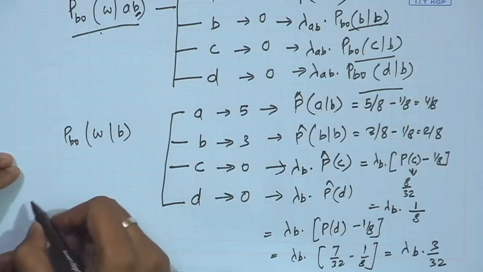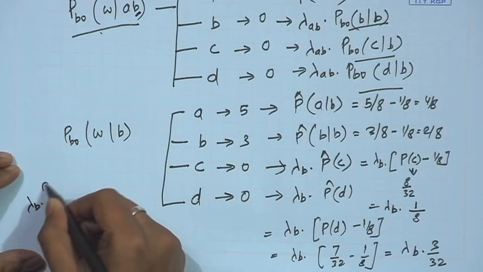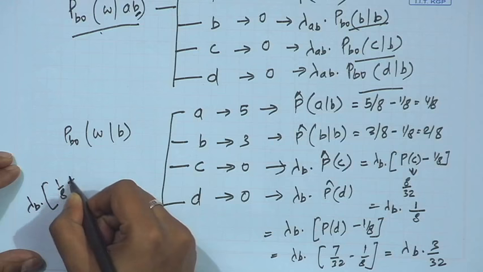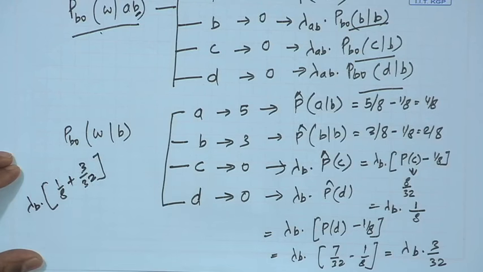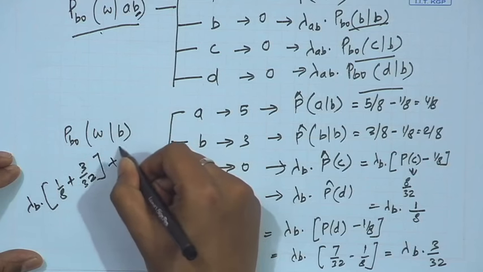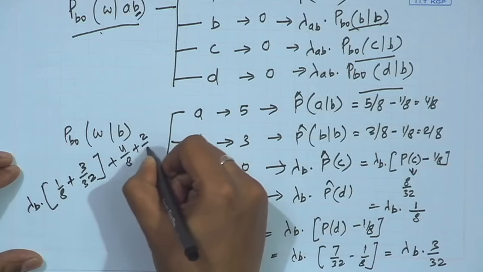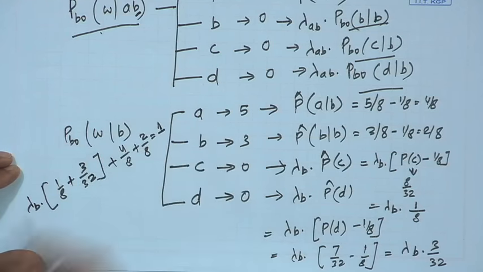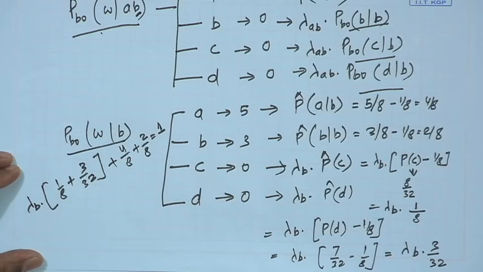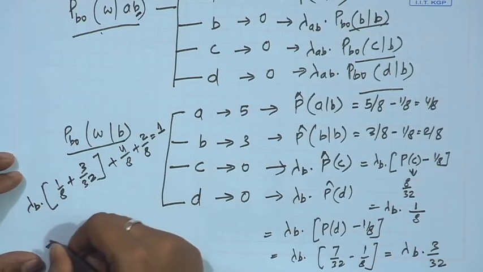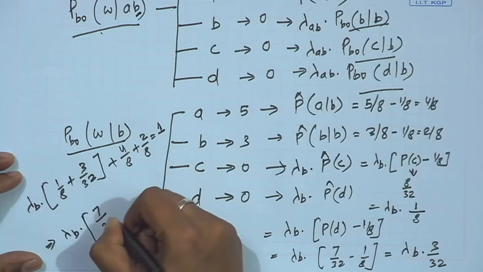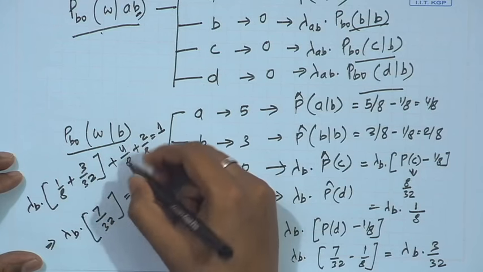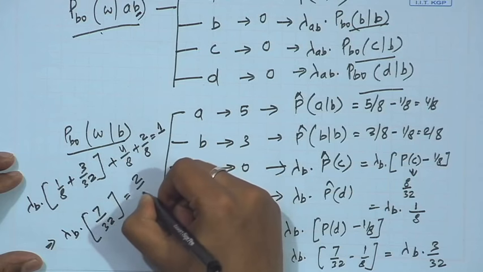So lambda B times 1 by 8 plus 3 by 32, plus 4 by 8 plus 2 by 8 should give me 1. This should be 1 if you sum over all the words. So lambda B times 7 by 32 is equal to 1 minus 6 by 8, so that is 2 by 8.